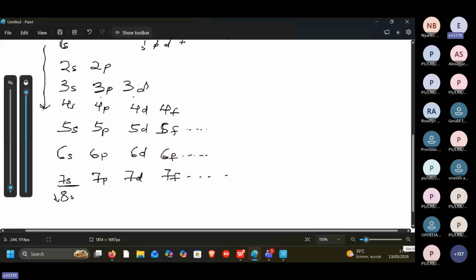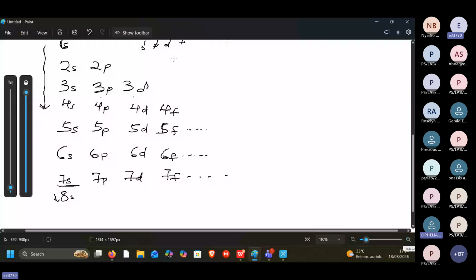Yes, they are arranged alphabetically. If you take energy level 7, the allowed values of l will be 0, 1, 2, 3, 4, 5, and the highest will be 6.